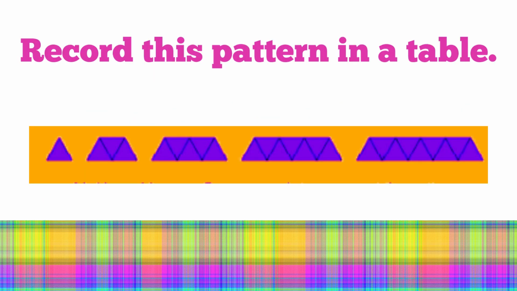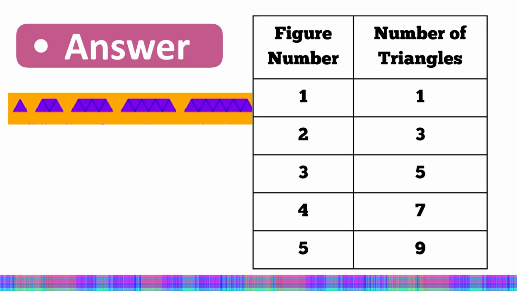Now look at the pattern of triangles and record it in a table. Remember to include headings in your table. All right, your table should have a heading for the input column titled Figure Number. A heading for the output column should be Number of Triangles.